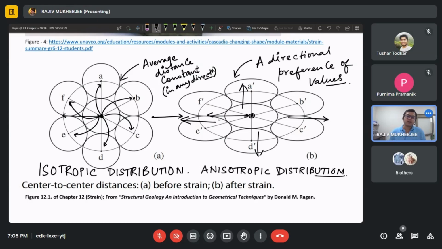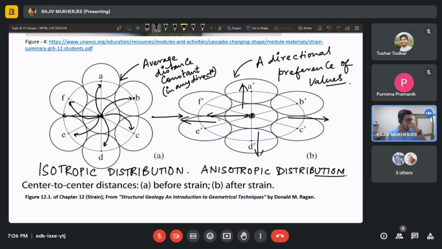So the main purpose of this center to center method is that we will have not just one marker, but multiple adjacent markers, so that we have a statistically larger amount of data, and then we will correlate their distribution of distance. The fundamental idea is that if the sample is undeformed, then whatever the shape of these individual markers, we should not talk about the shapes in this case.